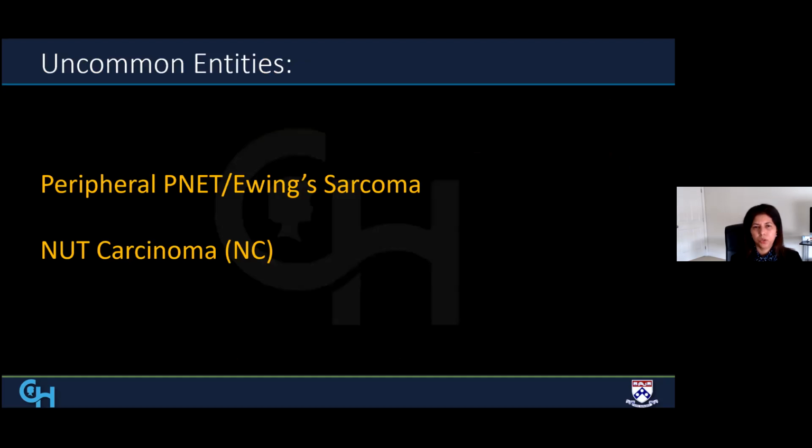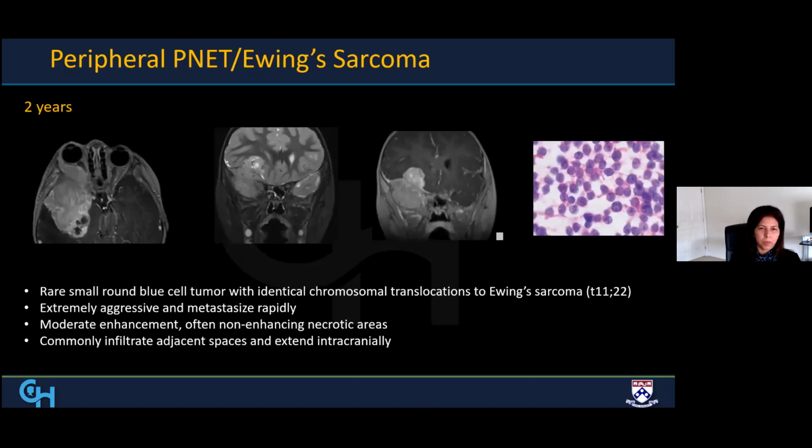Now we'll turn to some uncommon entities in the malignant group, which are the peripheral primitive neuroectodermal tumor, or Ewing sarcoma, and an entity which I learned about only a few years ago, called the NUT carcinoma. It used to be called the NUT midline carcinoma. We are familiar with Ewing sarcoma in the osseous structures.